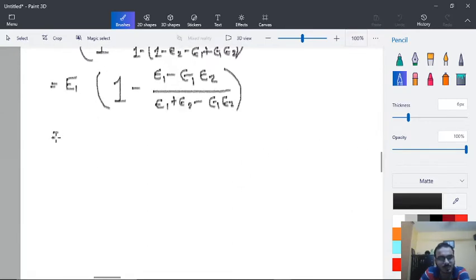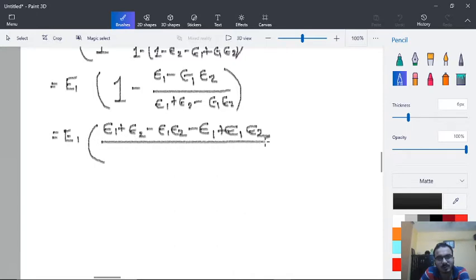So now is equal to E1 into epsilon 1 plus epsilon 2 minus epsilon 1 epsilon 2 minus epsilon 1 plus epsilon 1 epsilon 2 divided by epsilon 1 plus epsilon 2 minus epsilon 1 epsilon 2. So here we will have removal of this.